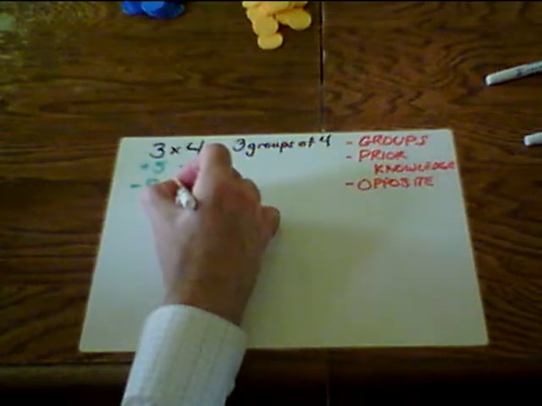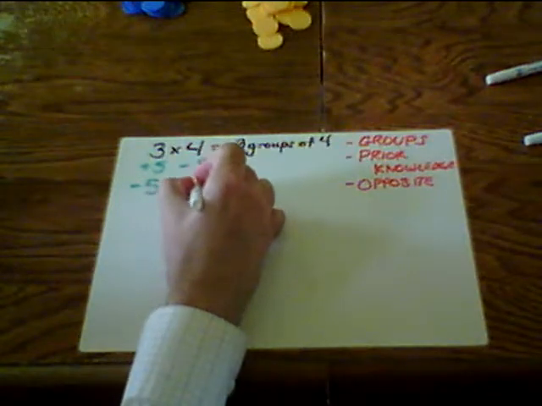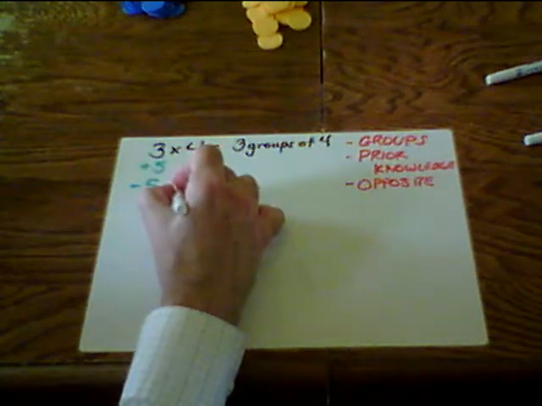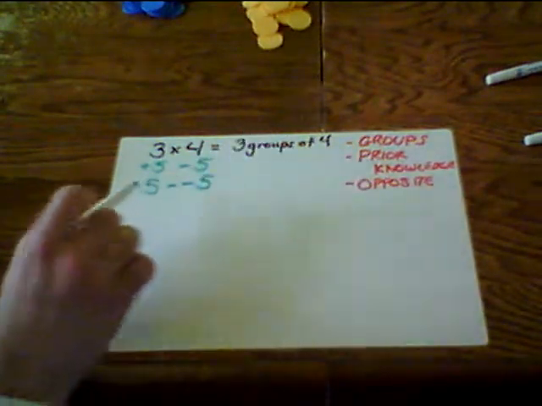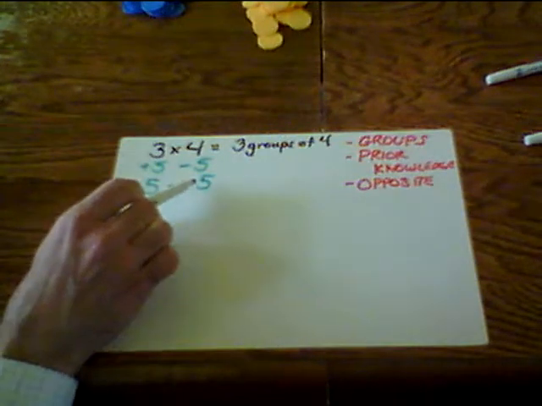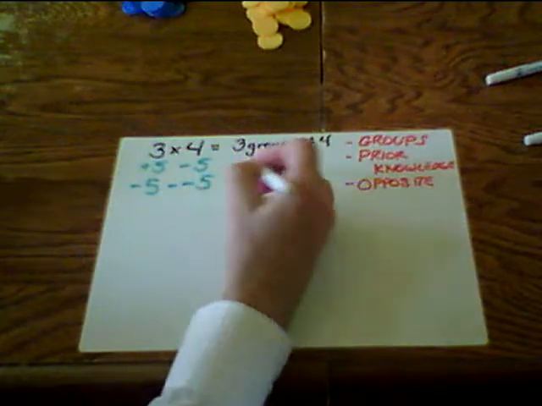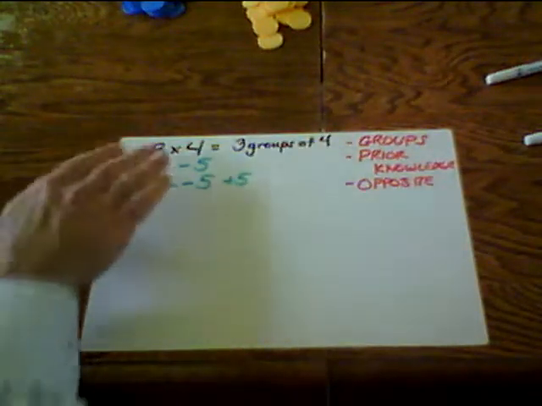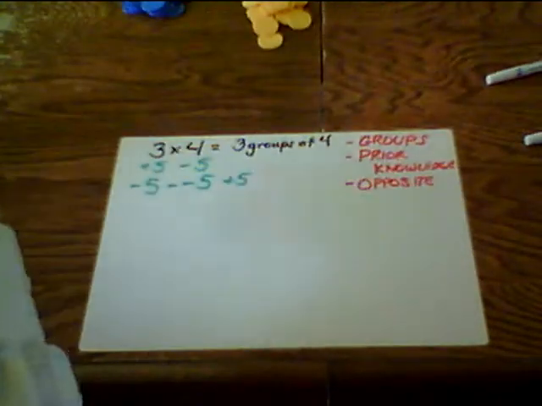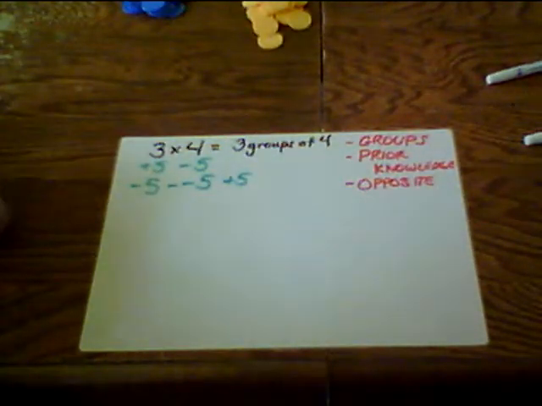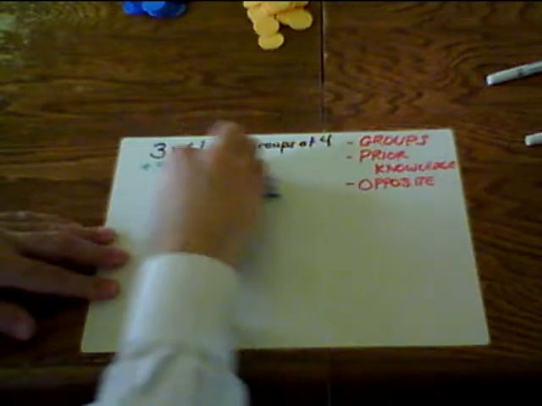We can also look at it this way: if I have a negative 5 and I want the opposite of negative 5, that would be positive 5. Both of these ideas are essential in order to use the method that I'm showing here.